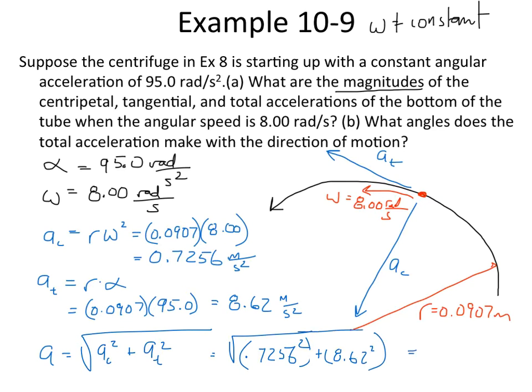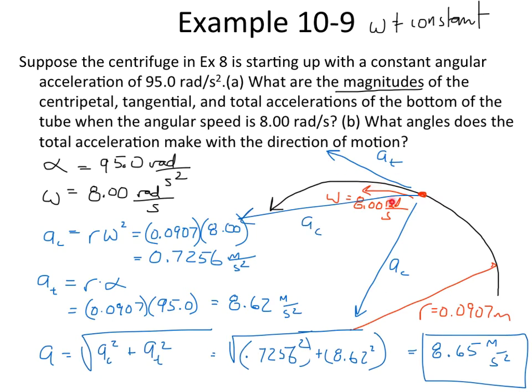It's just like we're finding the resultant vector. That's going to be 8.65 meters per second squared. That is our total acceleration, which is the combination of these two.